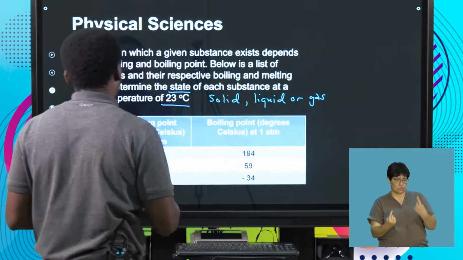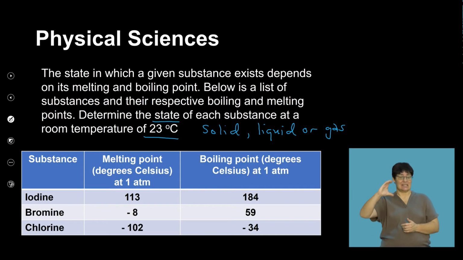Now at 23 degrees Celsius, we have iodine, which melts at 113. So 23 degrees Celsius is actually lower than 113. It means then for iodine, at that temperature, it will still be in liquid form.